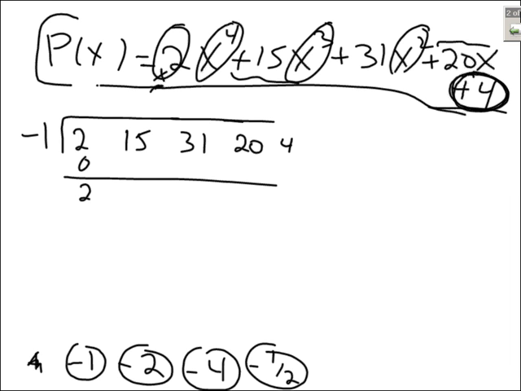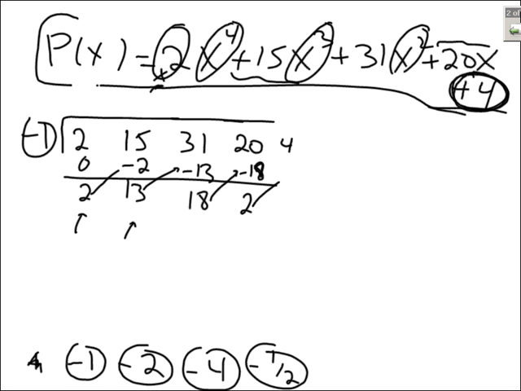Multiplying these numbers down here by negative 1, all you can do is change the sign. So 2 becomes negative 2. I add, I get 13. It becomes negative 13. I add, I get 18. It becomes negative 18. I add, I get 2. It becomes negative 2.